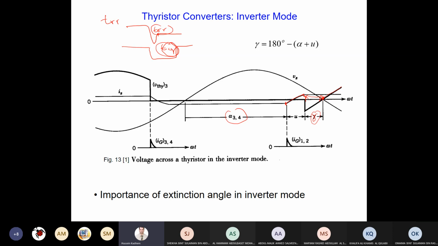Have a look. Our task is clear. We have AC, we want to convert it into DC. We want to supply a load. My load at the end is a production, doing something. If it is industry, we may produce food, material, whatever it is. If we lose the control, we lose everything.